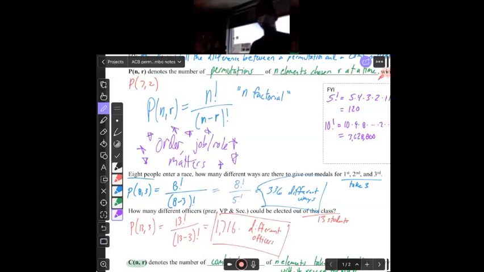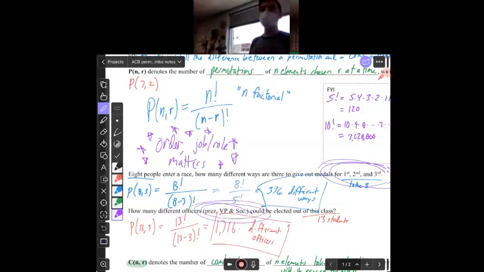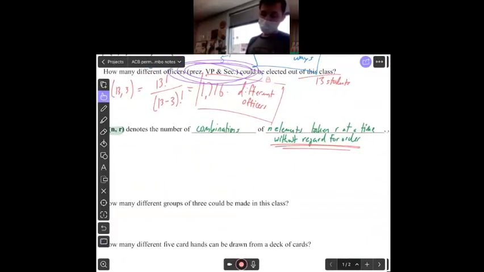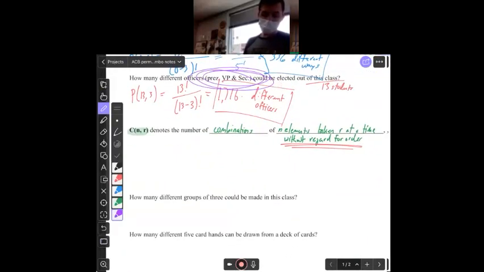If there's some sort of ordering, like placements, or some sort of job or role, president, secretary, vice president, that creates permutation thinking. If we're talking about just randomly selecting, where all that really matters is that's the group I get, that's more of a combination thinking. So that's how you tell the difference between them.